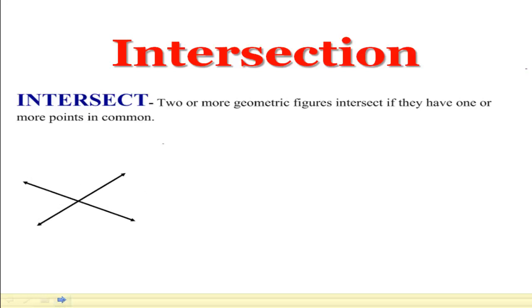The first one is the intersection of lines. And we saw from the activity that we did that when 2 lines intersect, they intersect at a point. So this intersection here is a point. That's the only point that these 2 lines have in common.